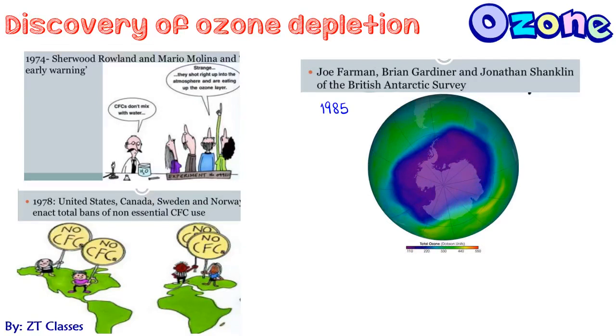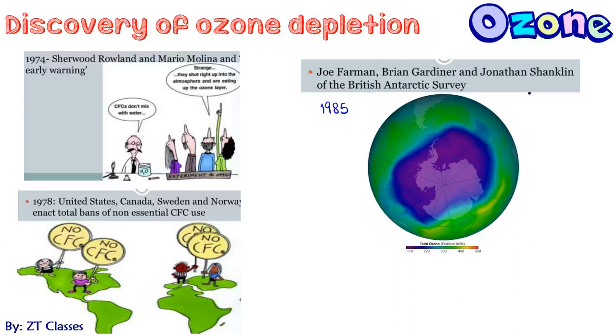But considering the numbers were so low or diminished, they were being rejected as an error. So the scientific community never thought that the ozone layer could vanish. And it was in 1985 when they stopped rejecting the data as falsified, and they calculated the ozone concentration based on the data received.